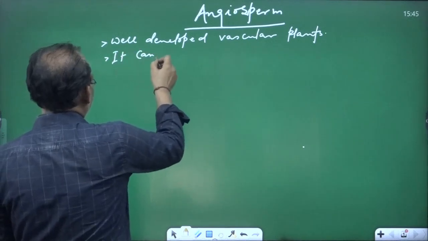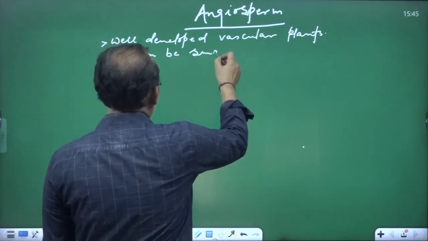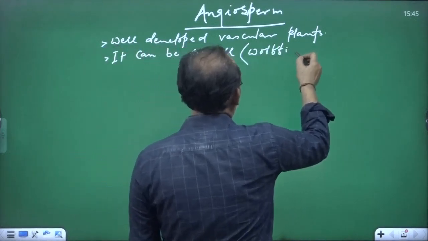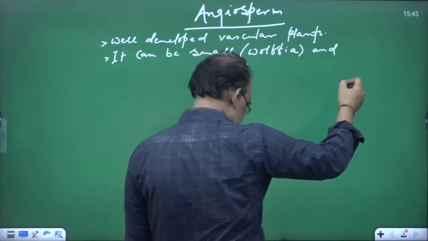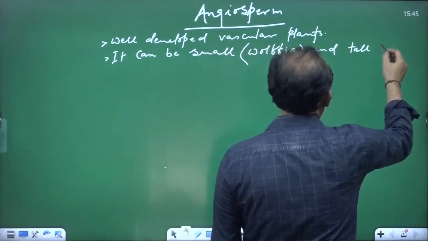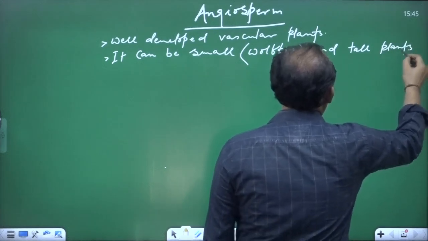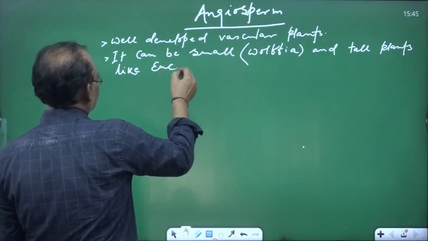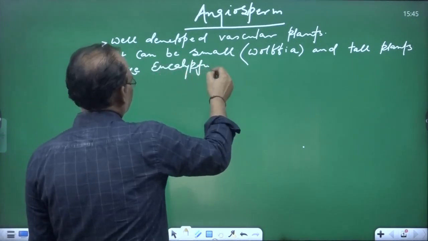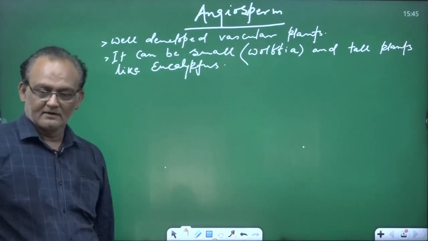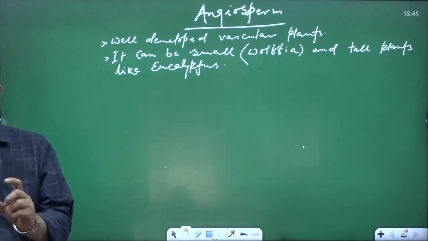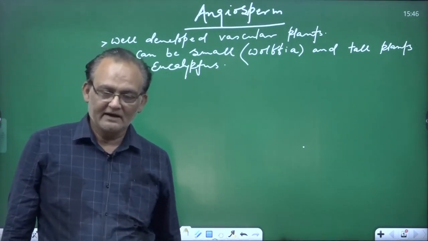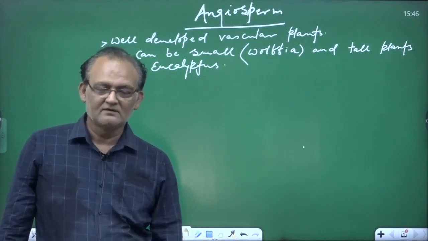They can be small plants like Wolffia, and tall plants like eucalyptus, right? The tallest angiospermic plant is eucalyptus, approximately 100 meters long, and Wolffia is very small, right?